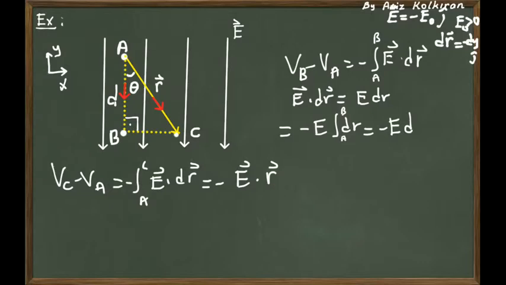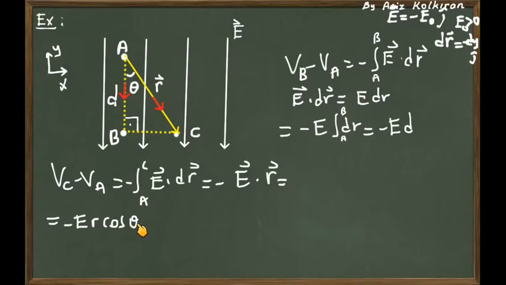And what is the result? You multiply two vectors, dot product: the magnitude of the first vector, the magnitude of the second vector, times the cosine of the angle between them, right? And this angle is this here, because the electric field is downward, and this is the r vector, so the angle between them is just theta. So this minus comes from the definition of the integral, and then E times r times cosine theta.